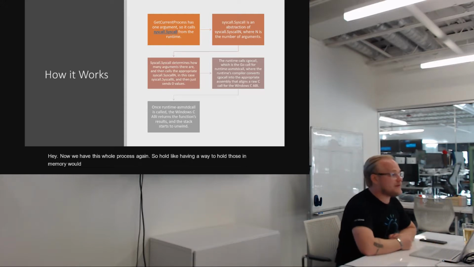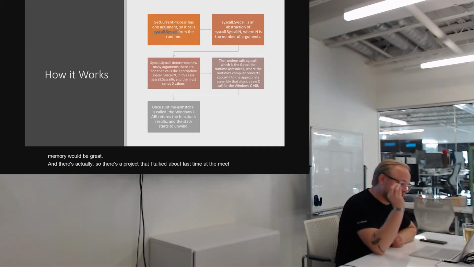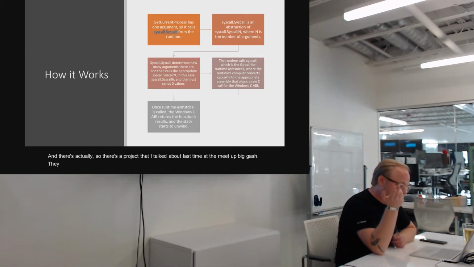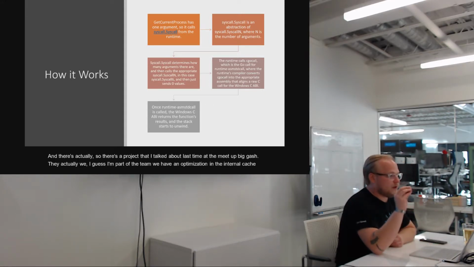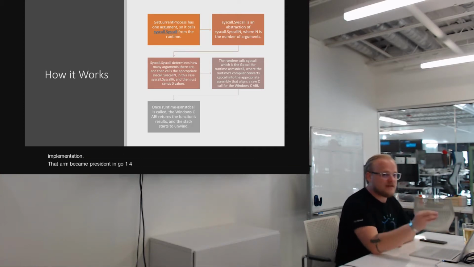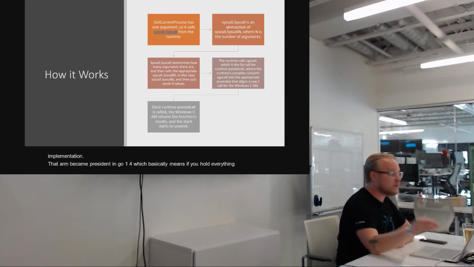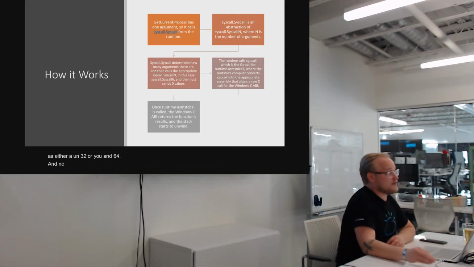There's the project that I talked about last time at the meetup, BigCache. We, I guess, because I'm part of that team, have an optimization in the internal cache implementation that became present in Go 1.4, which basically means if you hold everything in memory as either a uint32 or a uint64 and no pointers to it, it will not get garbage collected.